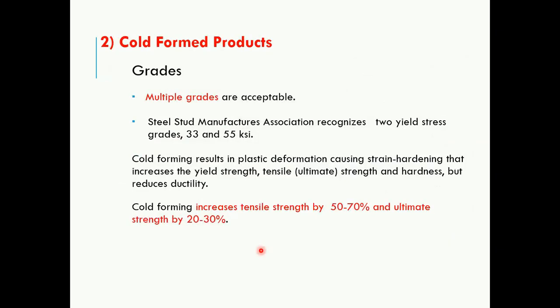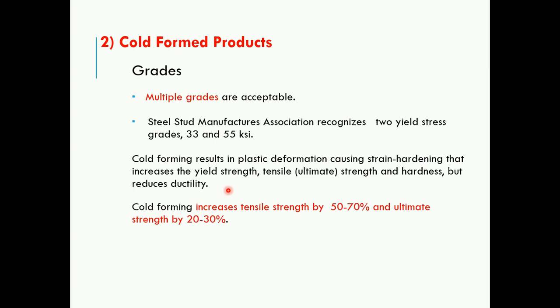The second type of steel product is cold form products. It has many grades, but steel stud manufacturers recognize two types of grade, which are 33 and 55 ksi. Cold forming results in plastic deformation and causes strain hardening, which increases the yield strength and ultimate strength of the steel.